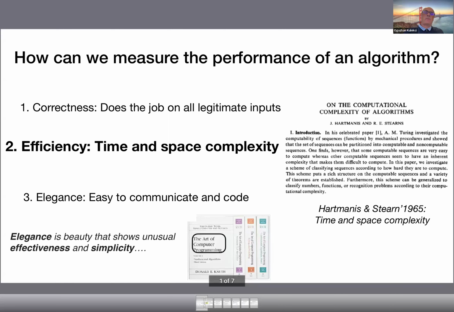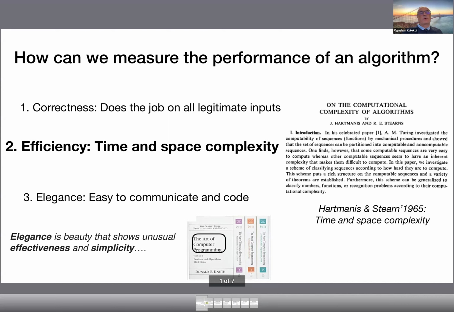Okay, but that is the main part. However, there is also a third dimension that I would like to tell you a little bit about. In the late 60s, Donald Knuth started writing the seminal book The Art of Computer Programming.